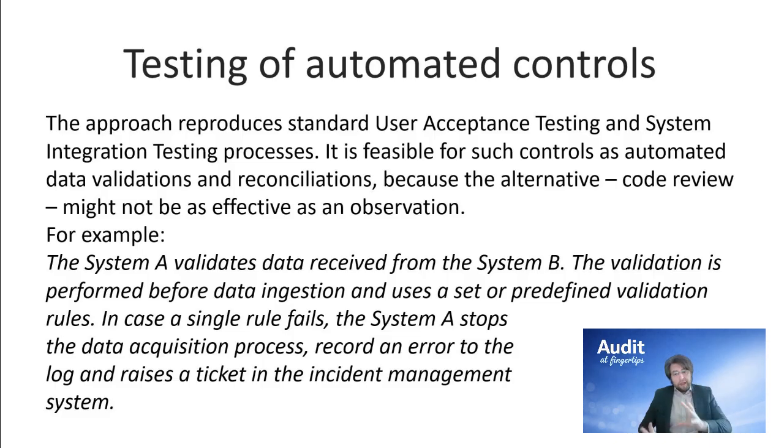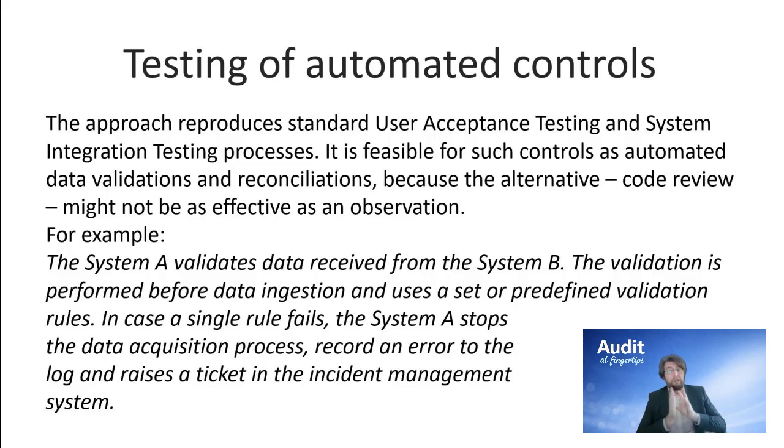So when the validation rule fails, system A stops the process and the data is not ingested, because the control must be performed before the data gets ingested, right?